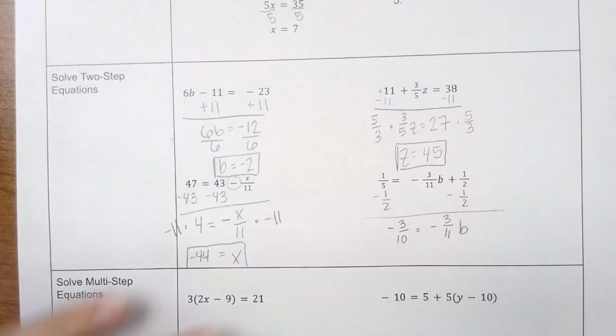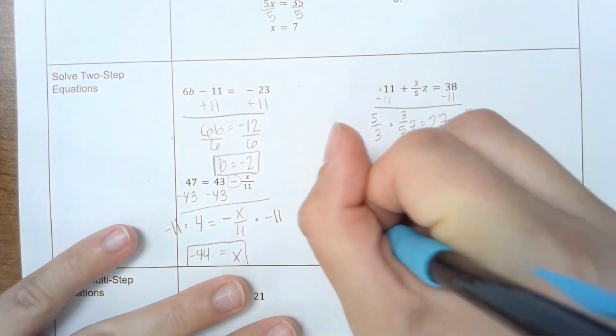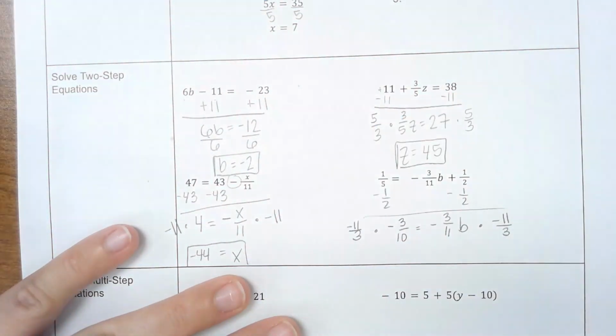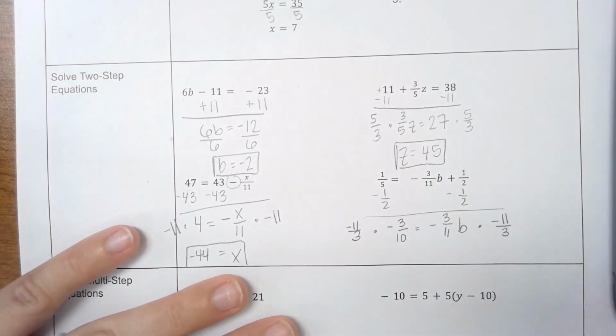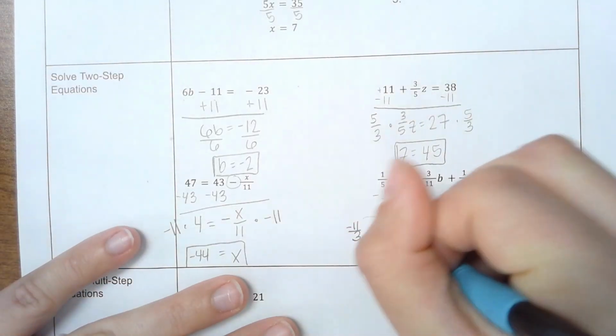And since it is negative, you want to carry on that negative with it. So you're going to multiply by negative 11/3 on both sides. So negative 11/3 times negative 3/10 is going to give you a positive 11 out of 10.